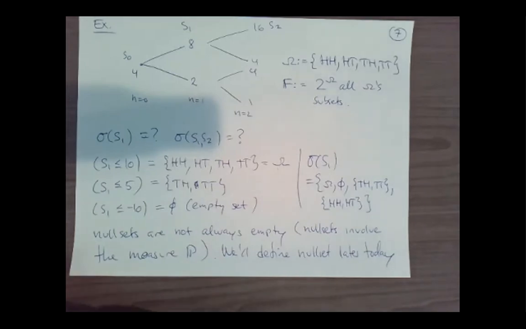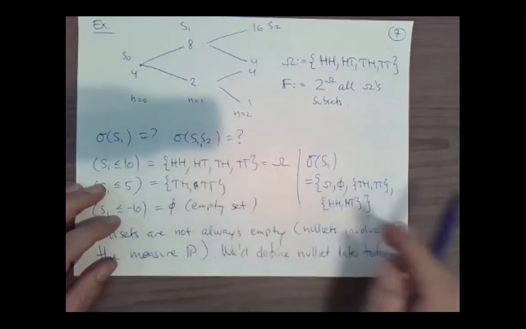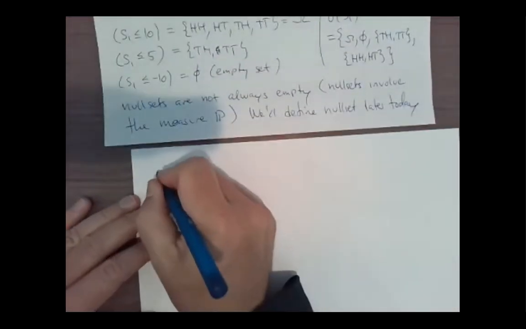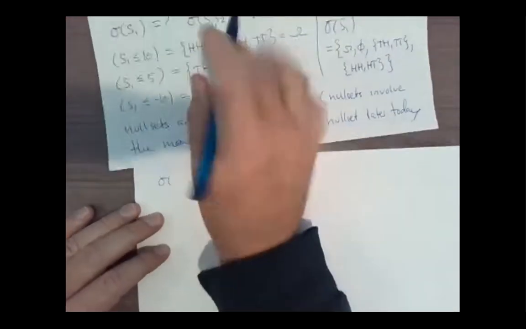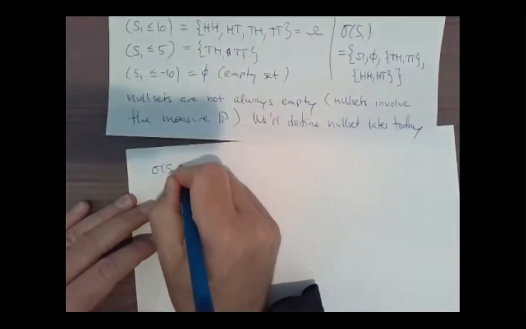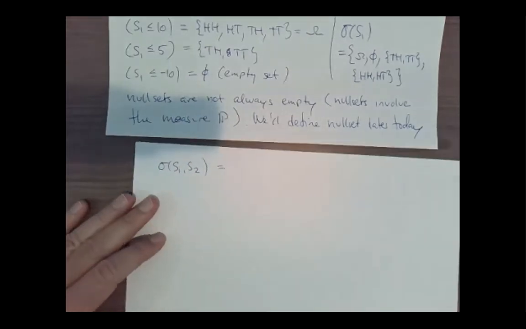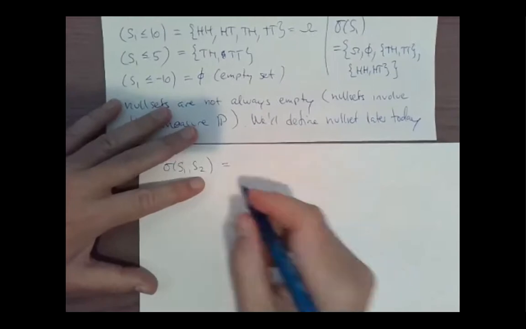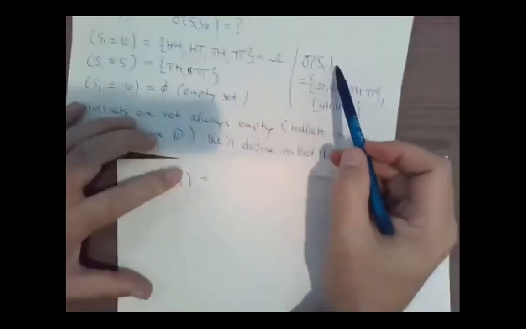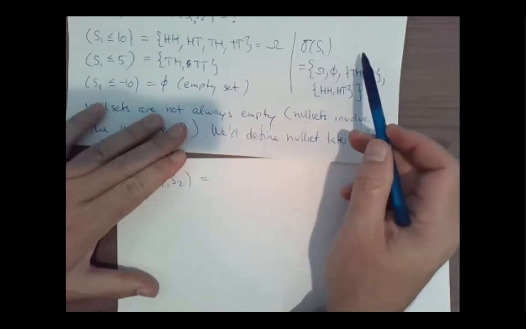And then we should try to figure out what is sigma of S2. So what about sigma of S1 and S2? Well, one thing we do know is that it has to contain all this stuff because it has to make both S1 and S2 measurable.